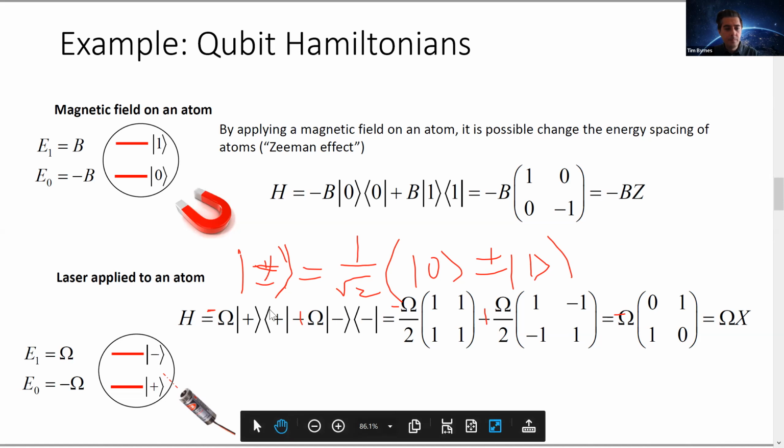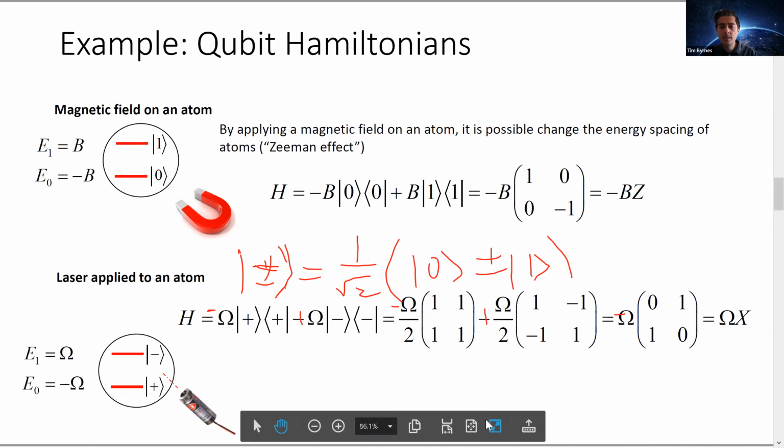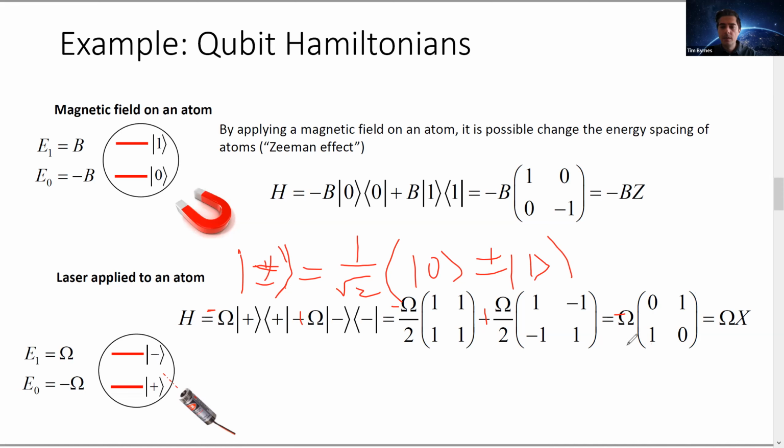But basically the way that we're doing it is the same. We have the state, the energy of that state, and then again the state and its energy. And what's interesting in this case is that the Hamiltonian is now off diagonal. We'll see how that actually makes a difference.